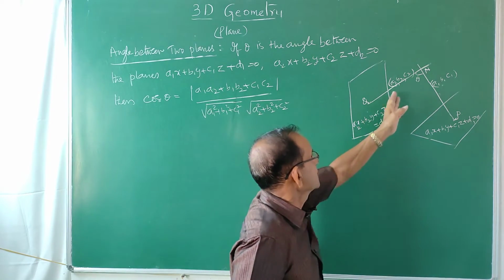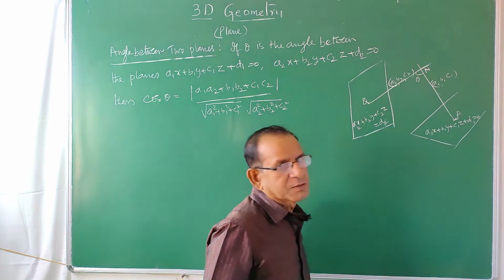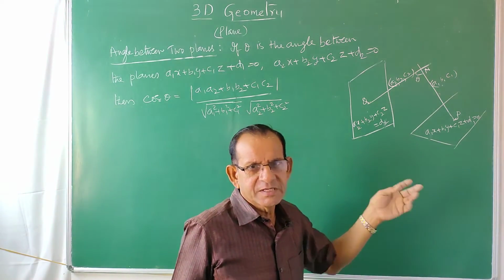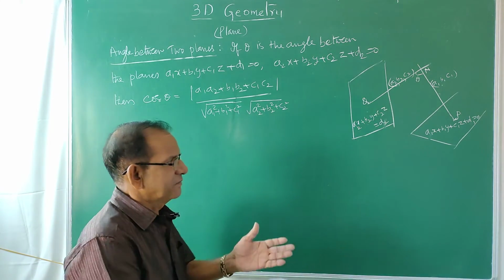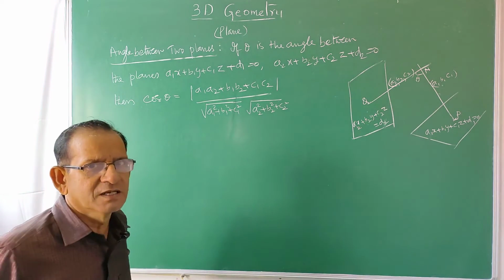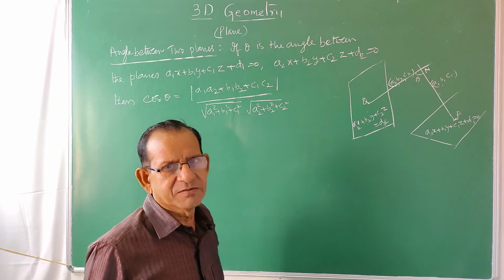Similarly, for the second plane, a2, b2, c2 are the direction ratios of the normal to the second plane. The angle between the planes is nothing but the angle between the normals only. You cannot directly find the angle between the planes, so you have to draw the normals to both the planes. Whatever angle you get between the normals, that is the angle between the planes.